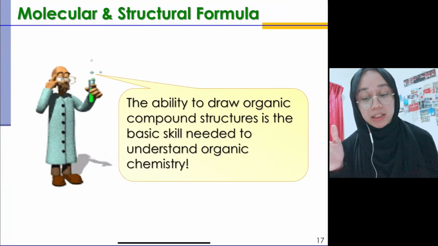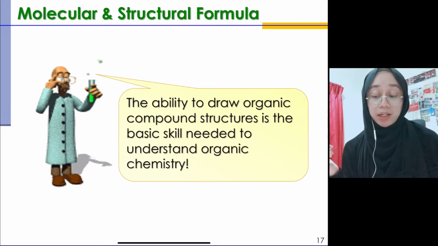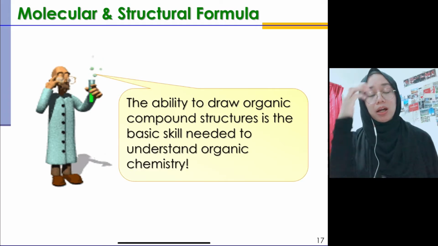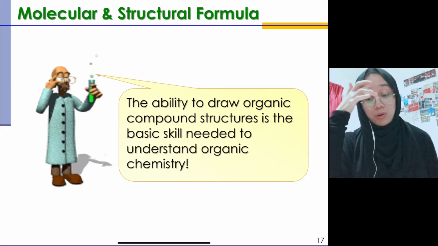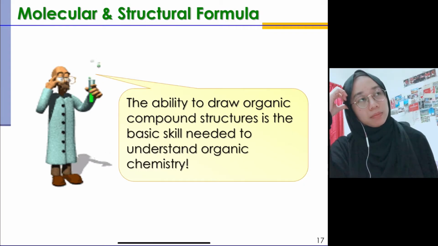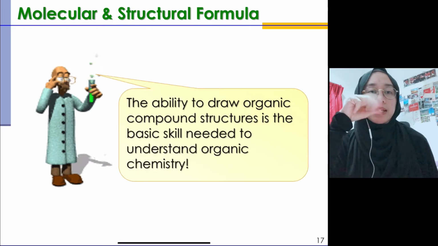So, molecular and structural formula. Okay, so the ability to draw organic compound structures is the basic skill needed to understand organic chemistry. Okay, you should be able to draw organic compounds. So, kalau kamu tengok kat sini, chemical formula sebenarnya terbahagi kepada 3 benda.